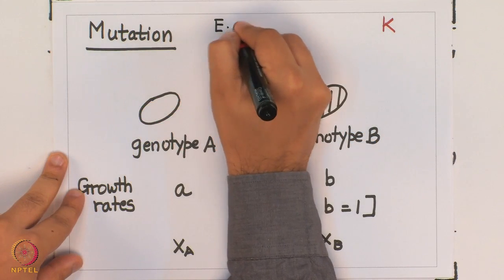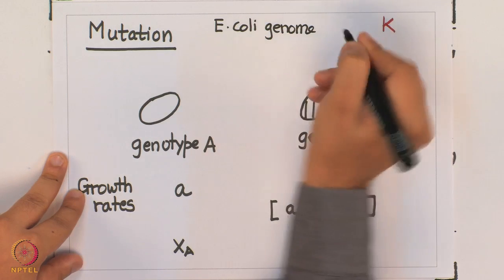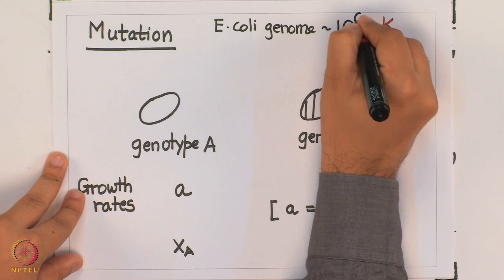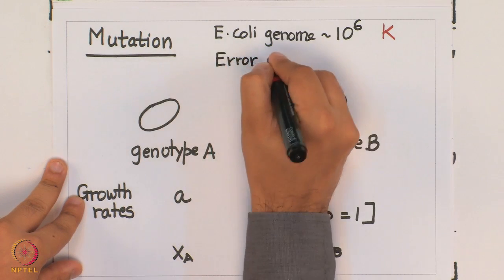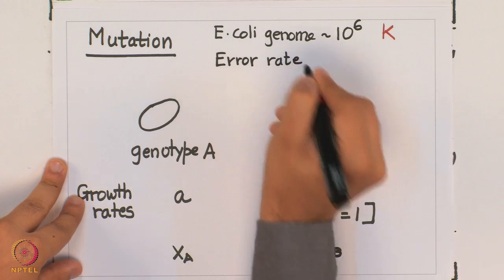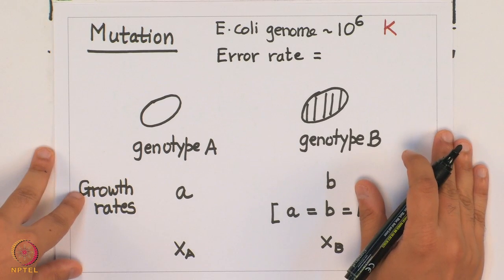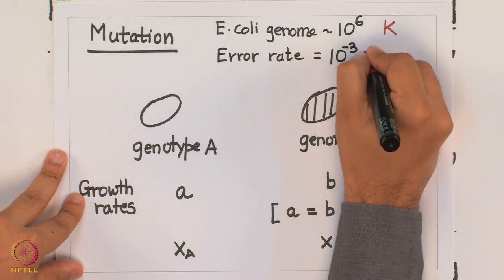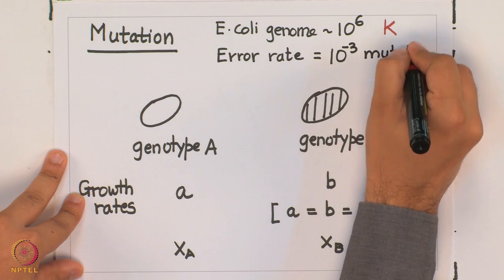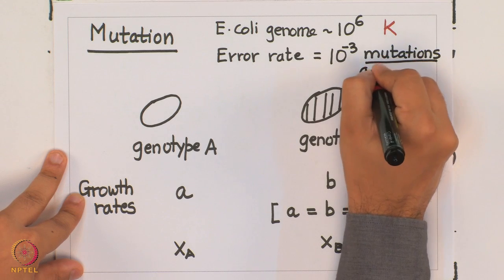E. coli genome is of the order 10 to the power 6, and the error rate of E. coli DNA polymerase, the rate at which it makes errors while it is copying its DNA to be given to the progeny of the dividing bacterium, is equal to 10 to the power minus 3 mutations per genome per generation.